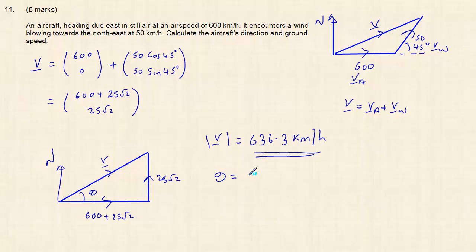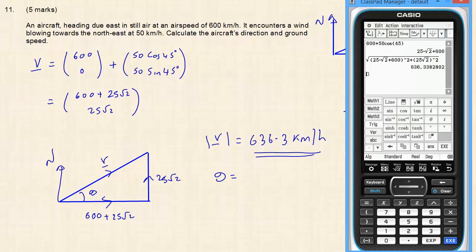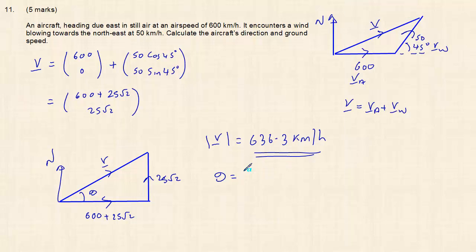And then theta is going to be the inverse tangent of 25 root 2 over this, and execute, and once again I should have gone for decimal. And that gives me 3.185.